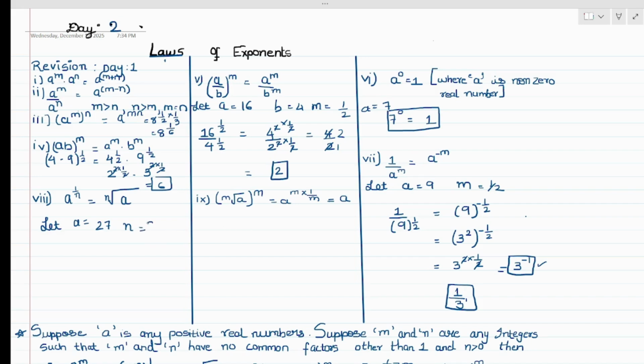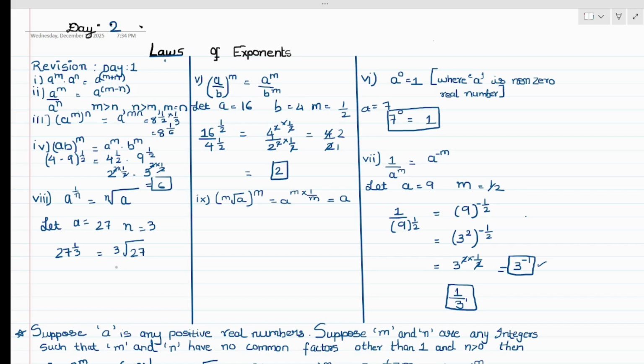I'm writing this in my LHS format, which is 27 raised to 1 by 3. As our rule says, it will be converted into such a format. So we can write this as the cube root of 27.